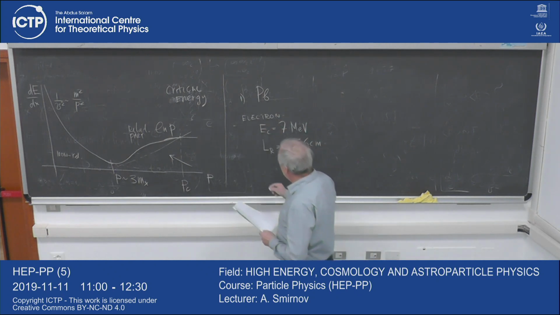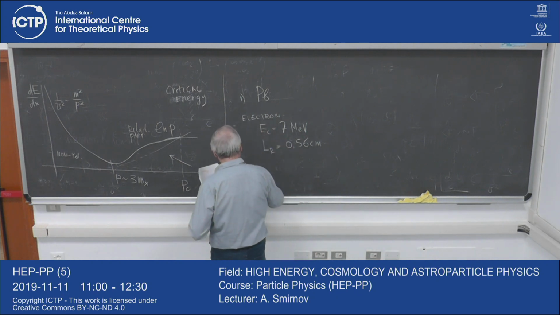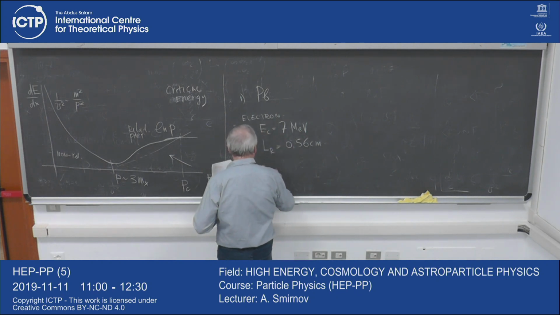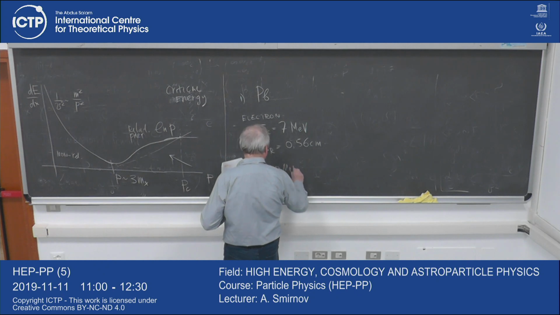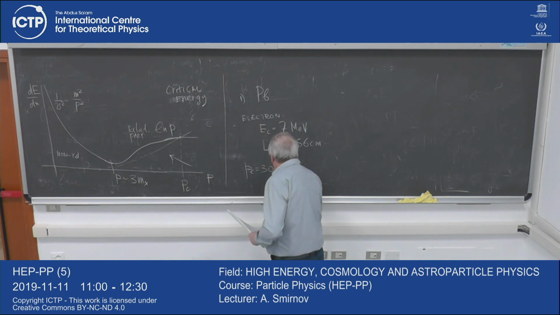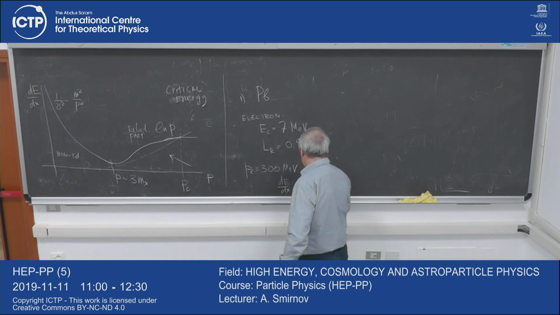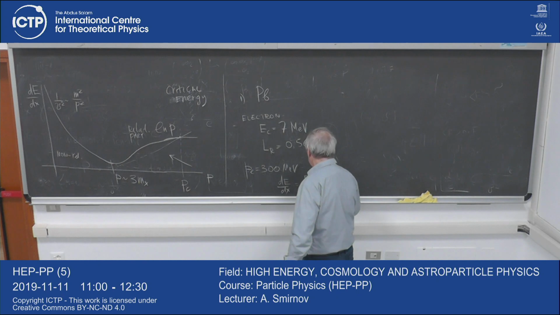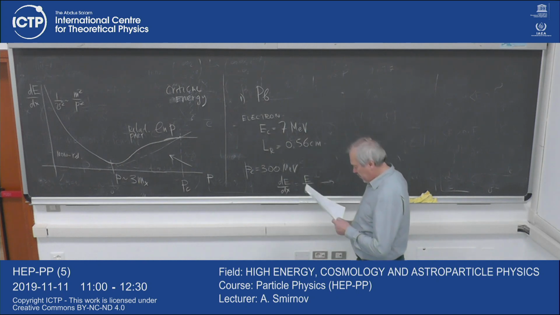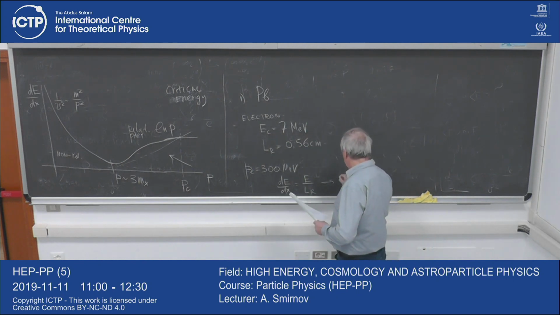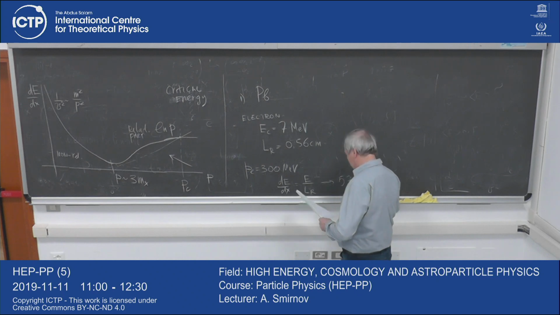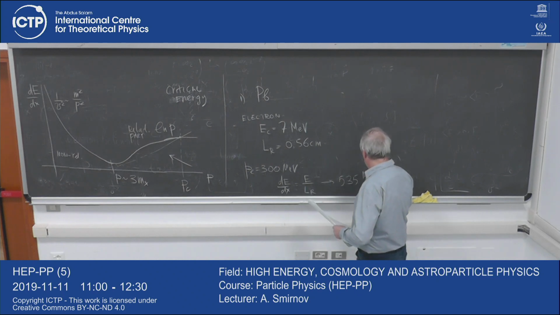Which means that if you have an electron energy or momentum of 300 MeV, then dE over dx, which is energy over Lr, as we introduced, will be equal to 535 MeV per centimeter.